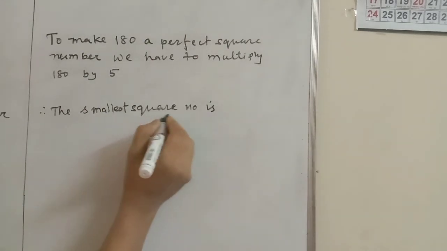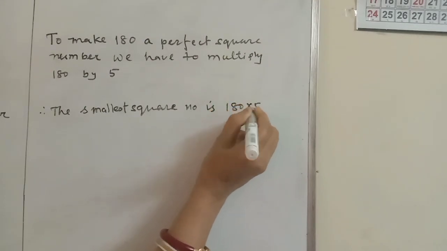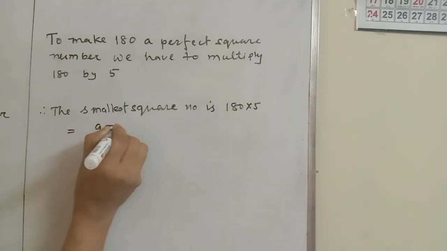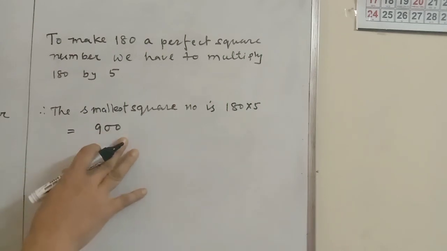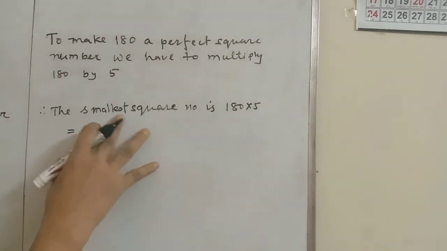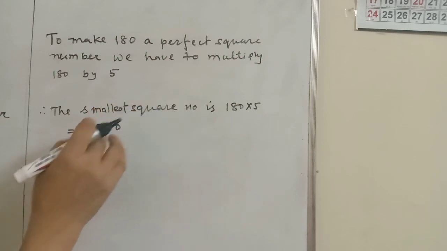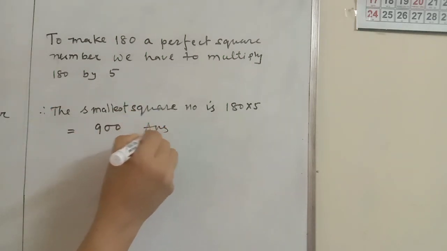Therefore the smallest square number is 180 into 5, that is 900. As you can see, 900 is also divisible by 4, 9 and 10, and it is a square number also, and that is why this is the smallest square number which is divisible by all these numbers, and this is the required number.